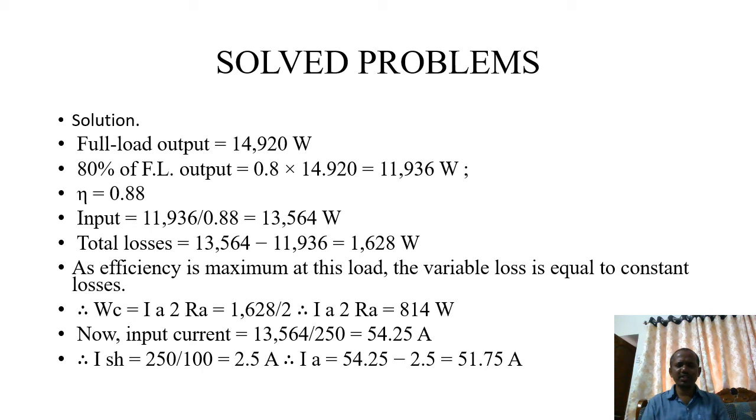Input is equal to output by efficiency, that is 11,936 by 0.88, which is equivalent to 13,564 watt. The total losses is input minus output, 13,564 minus 11,936, which is equivalent to 1,628 watt.